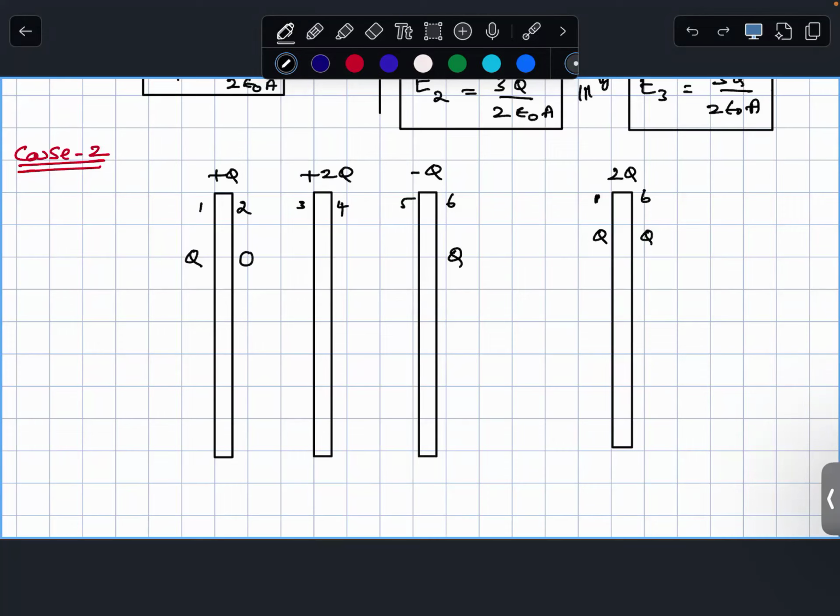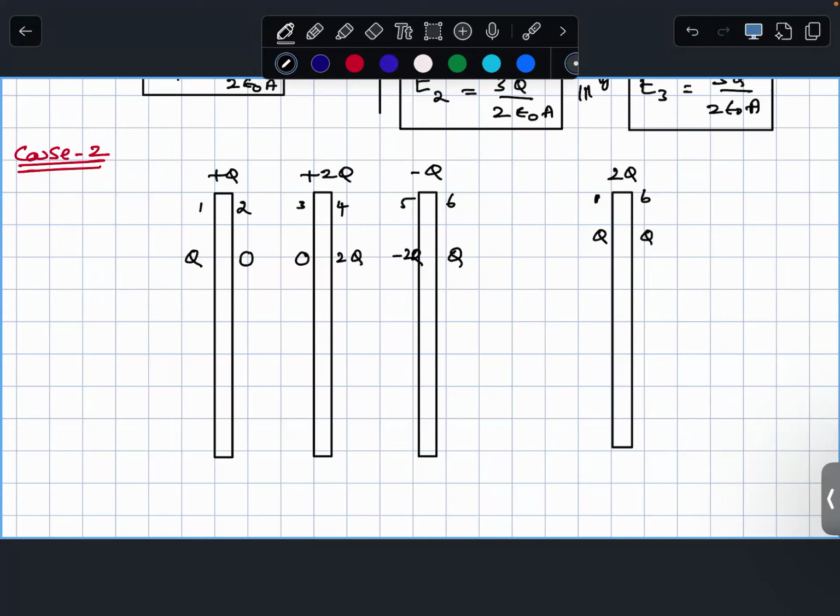Zero, obviously, 2Q, minus 2Q. Please notice that whatever flux of 2Q starts at face 4 must end at face 5. That is the reason why when on face 2 the charge is 0, obviously on face 3 the charge must be 0.